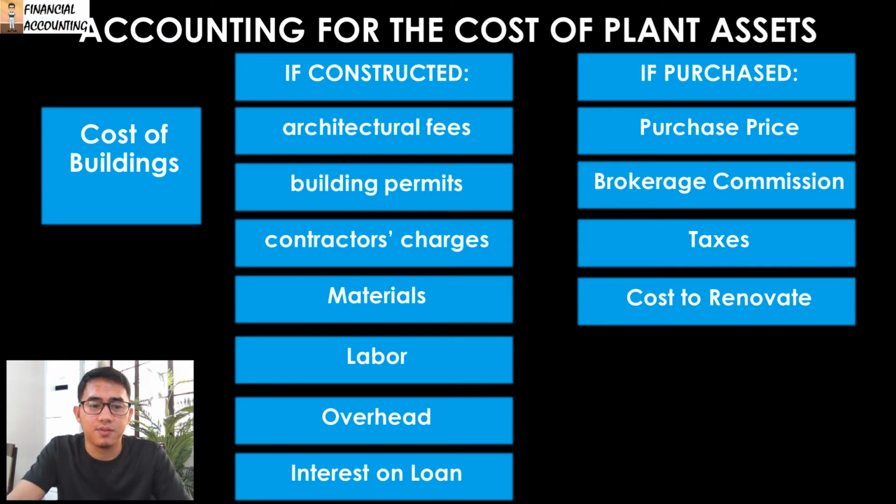If you notice, if you purchase a building, the number of items is relatively small compared to constructed, because the building is ready made and you just purchase it. Usually in construction, the costs are so comprehensive because there are various types of expense, even sometimes not listed here in my presentation, but actually part of the cost of the building.